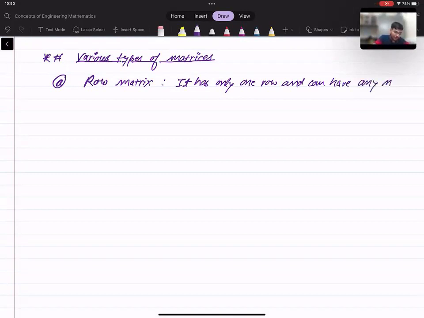This is something like, say we have a matrix A, which is nothing but 2, -3, -3, 6 and so on.